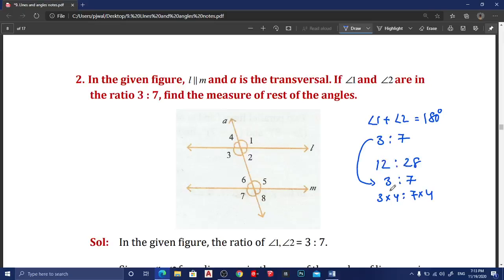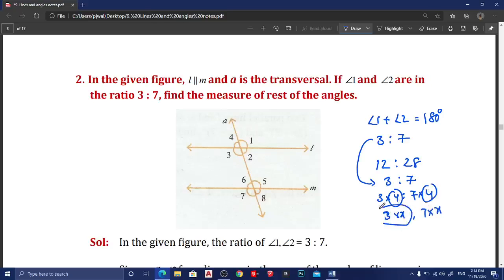But you don't know it is exactly 4. It may be 5 also. 3 5s are 15 and 7 5s are 35 also may be there. That's why you don't know these two values. So that's why you can take it as x. In place of 4, you can take it as x, means 3 into x, and this you can take it as 7 into x.